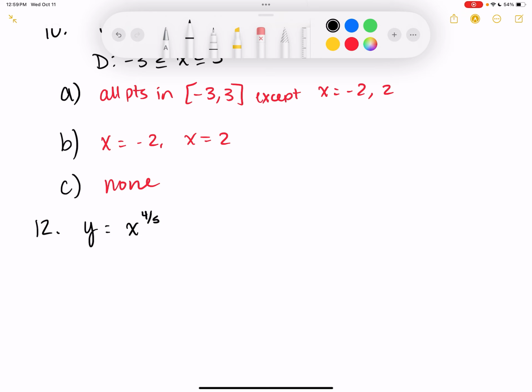Even though you might be able to guess based on what we wrote in the notes, I would say it's not a bad idea to look at a picture, so x raised to the 4/5. Now, aside from looking at the graph, do you know which type this is?